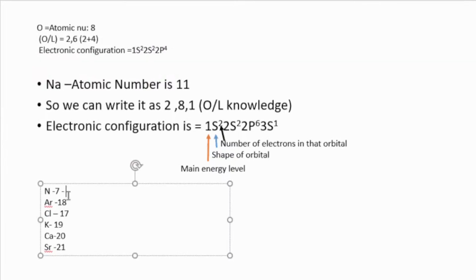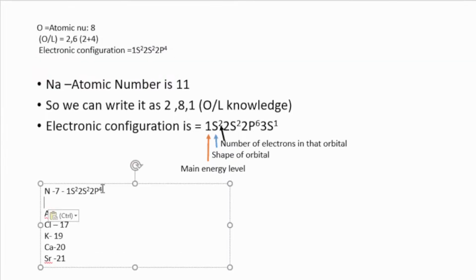For nitrogen, it's 7. 1s2, 2s2, 2p3. Okay, it comes as 2, 5. 5 means it has 2 subshells, 2 plus 3. Then you can write it like this.